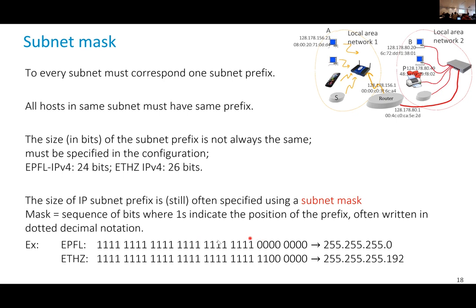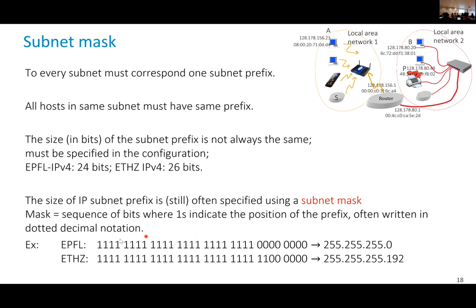In order to do that, we could do like we did in the routing table. We could give a number saying 24 is the first 24 bits here. This is what we do at EPFL. But for some historical reasons, we don't say 24. Instead, we say 255.255.255.0. That means exactly that the subnet prefix is made of 24 bits.